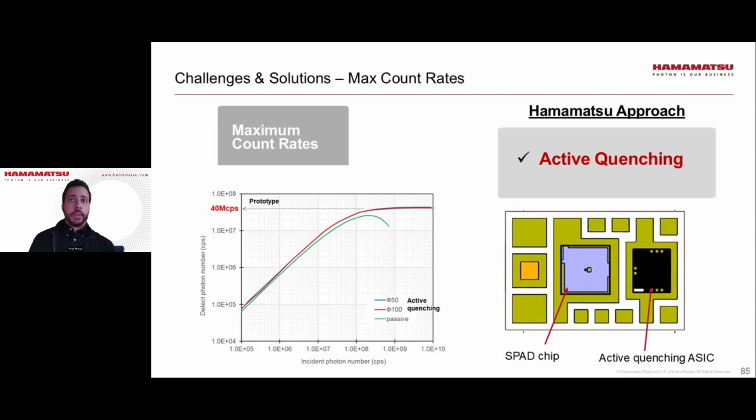Now moving on to the next major challenge that we see, which is increasing the maximum count rates. The most immediate way that we're looking at improving the maximum count rates is by upgrading the quenching mechanism, or the reset mechanism, of the SPAD to active quenching circuitry versus passive quenching. The maximum count rate is limited by the dead time, or the reset time, of the SPAD.